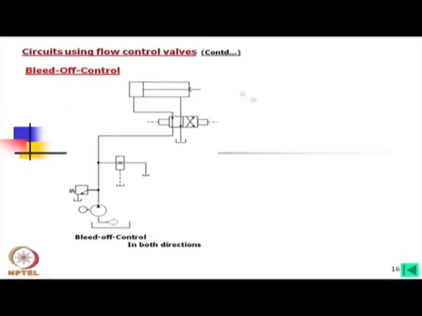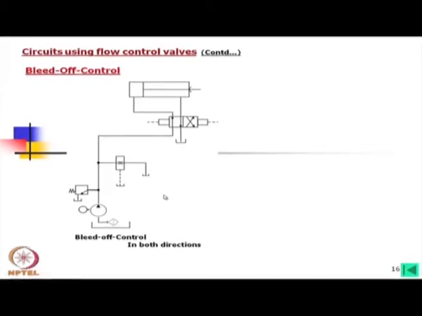Now, we will come to bleed off control. In bleed off control, we find that externally we have used a flow control valve. If we operate this one, then flow will pass through this valve, and this can be used for both directions, so this is a combination of meter in or meter out.